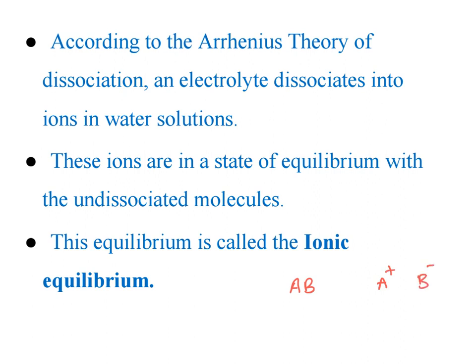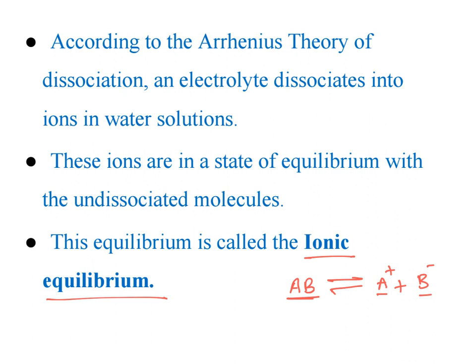In this fashion it is dissociating, and after some time the dissociated ions and undissociated molecule, here the undissociated molecule is AB and the dissociated ions are A plus and B minus, establish equilibrium, and this equilibrium is called ionic equilibrium.